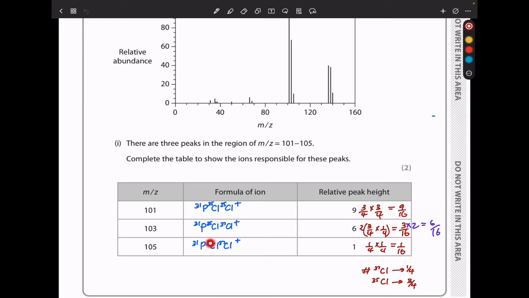And then for this, it's going to be 1/4 times 1/4, which is going to be 1/16. So if you compare the ratio, 9/16 to 6/16 to 1/16, it gives us a 9 to 6 to 1. And that is the relative peak height we can see in there.